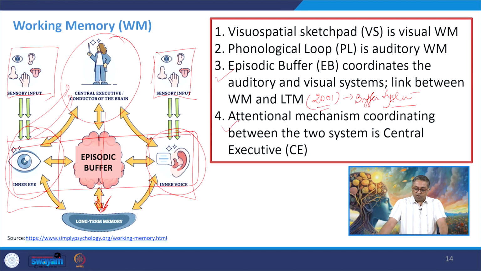There is an attentional mechanism coordinating between the two systems. One system was the central executive system, and the attentional system also ensured that the processing of the central executive system is doing the inhibition, the selection, and the division, and such division, selection, and inhibition were part of the attentional processes too.